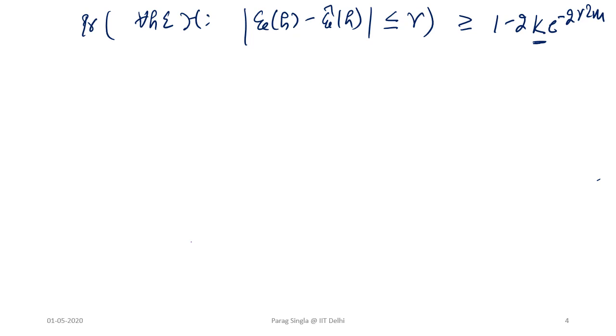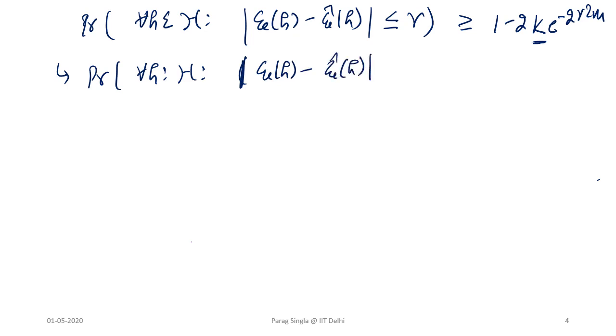Okay, this equivalently, and this is where we stopped last time, can be written as: for all h, the probability that the mod of epsilon h minus epsilon hat h is less than or equal to gamma is greater than or equal to 1 minus delta, right?